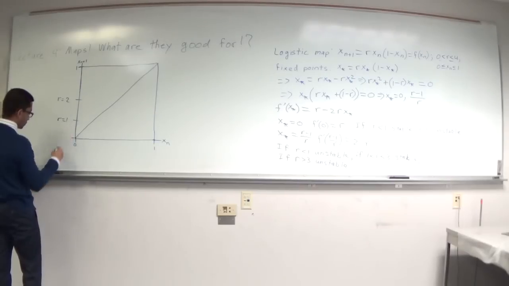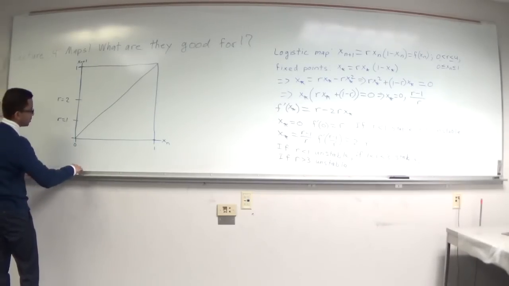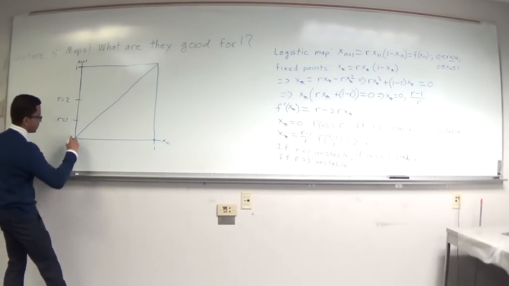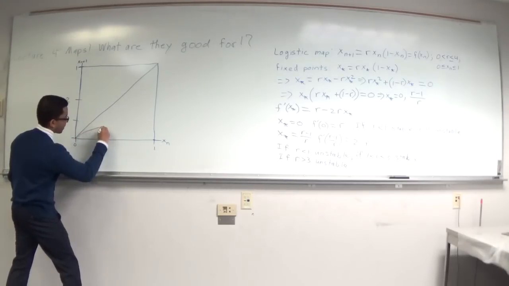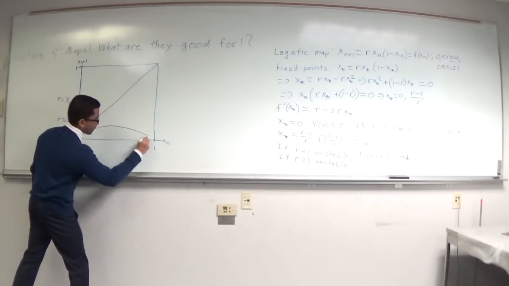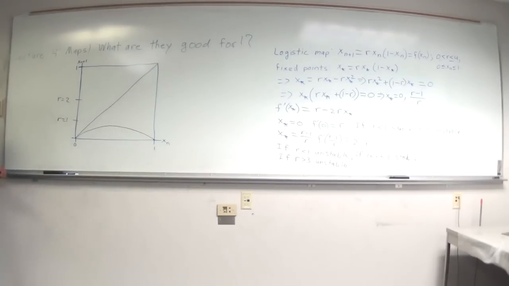So we want to be below this. So let's draw it like this. Let's say that our f of xn looks something like that.